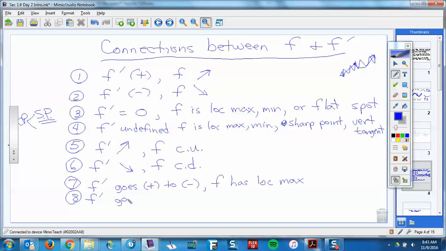F prime goes negative to positive, f has a local min, right? So up to the side here, I'm going to write first derivative test. That's our first derivative test right there, right? Those two together are how we check to see if we have a local max or min. See if f prime changes from positive to negative. And then the last one would be the one Will said.